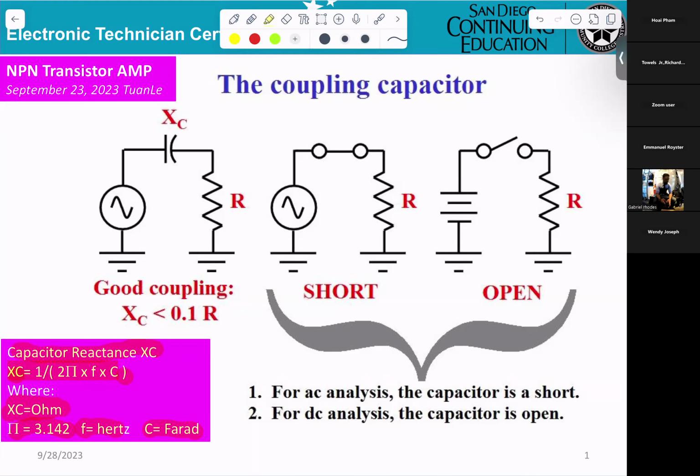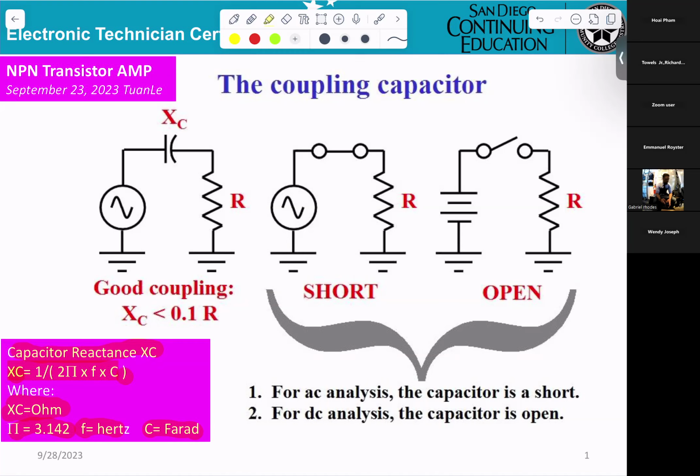That's only telling you one thing. When the capacitor is connected to the AC, it will get a resistance. Okay? That resistance will be Xc equal 1 over 2 pi times F times C. Okay?